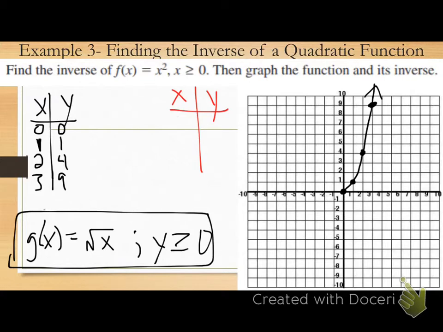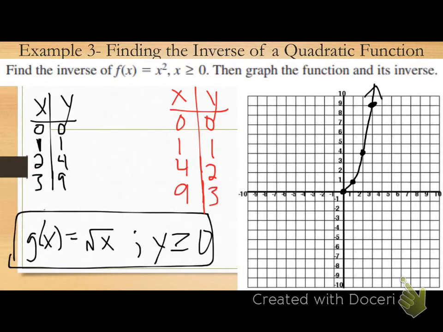Yep. What's the square root of 0? 0. What's my next perfect square after 0? 1, what's the square root of 1? 1. Next perfect square. 4, what's the square root of 4? 2. And the next perfect square. 9, square root of 9. 3.